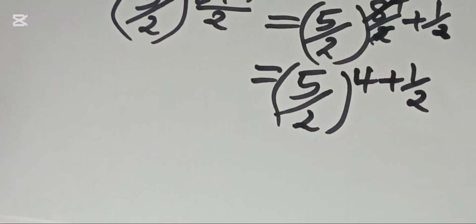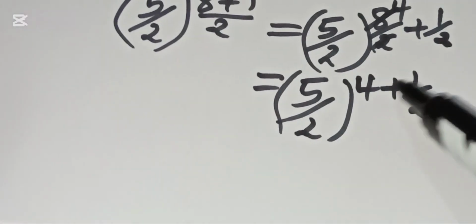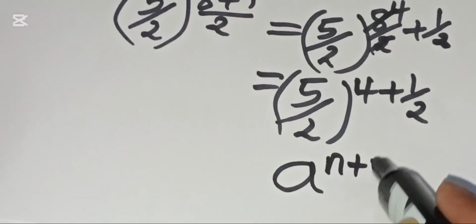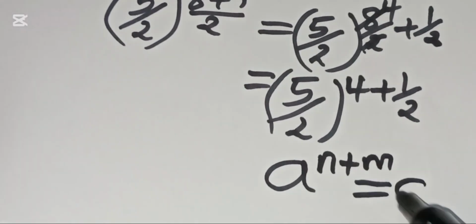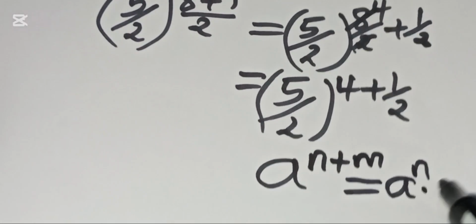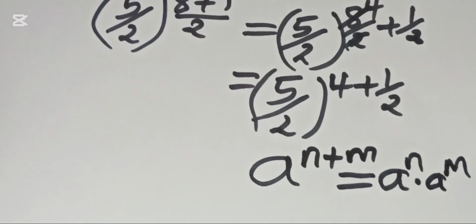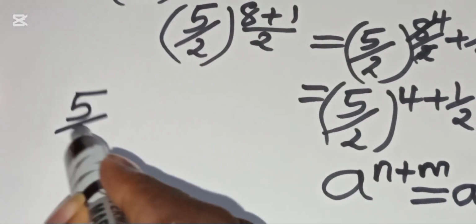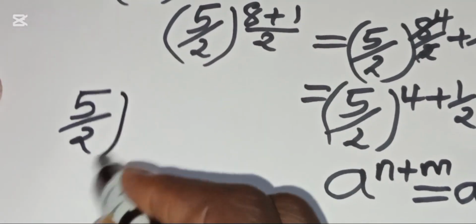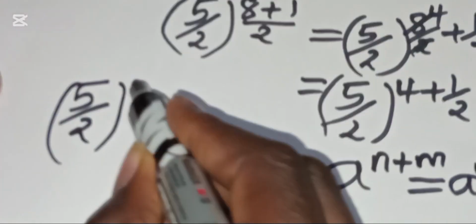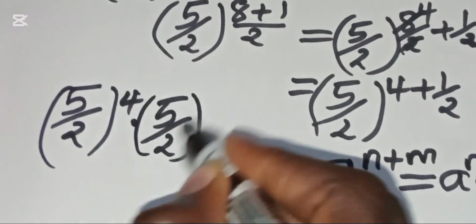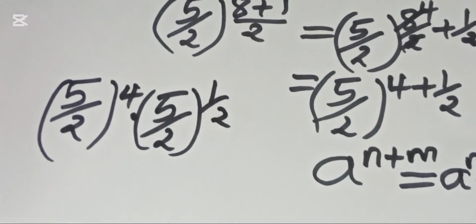Now from what you can see, 5 over 2 raised to power 4 plus a half is in the form of a raised to power n plus m, which you can transform as a raised to power n multiplying by a raised to power m, okay? So we're going to have 5 over 2 raised to power 4 multiplying by 5 over 2 raised to power a half, okay?